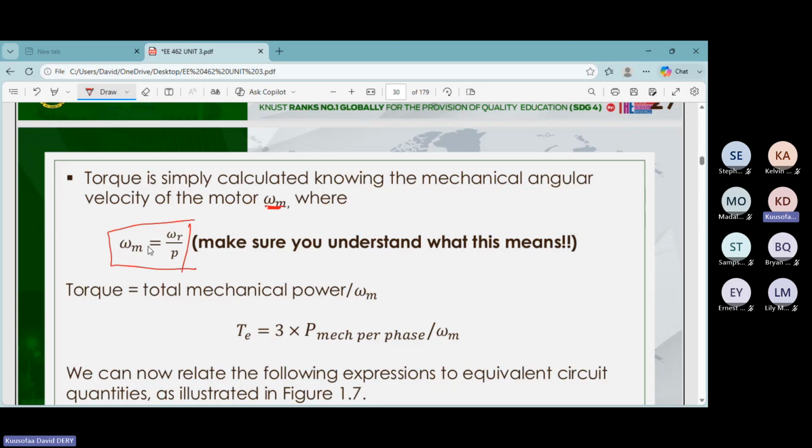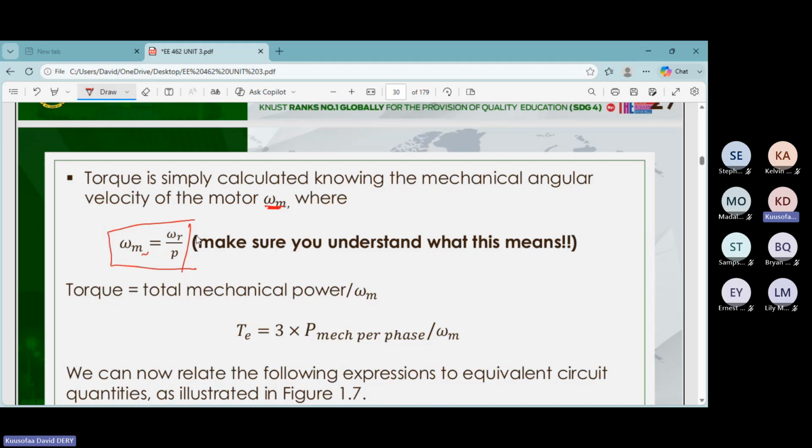So the mechanical speed is given by the electrical speed divided by the number of pole pairs. So this is something we have to take note of. When you get your electrical speed, divide by what? P, to get the mechanical speed. It's very, very important.